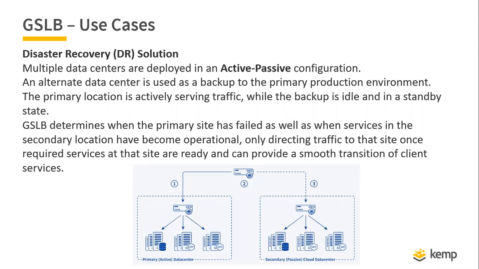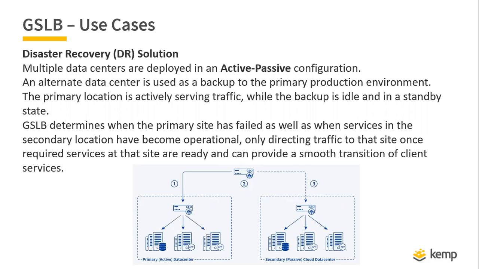Next will be disaster recovery. Let's say you would like to deploy in an active-passive configuration. This means all the users will access the primary data center, and once the primary has an issue, all the traffic will fail over to the passive data center.